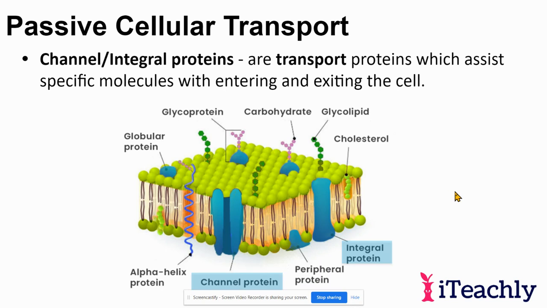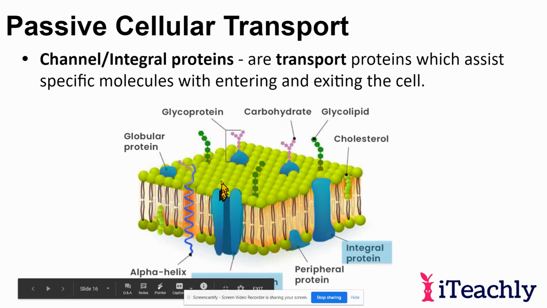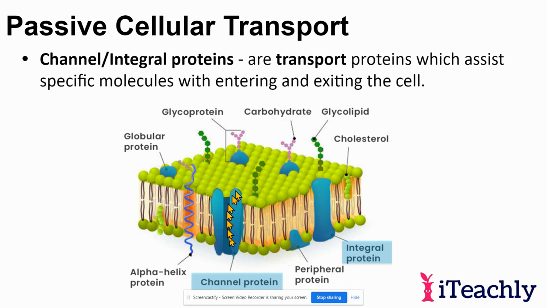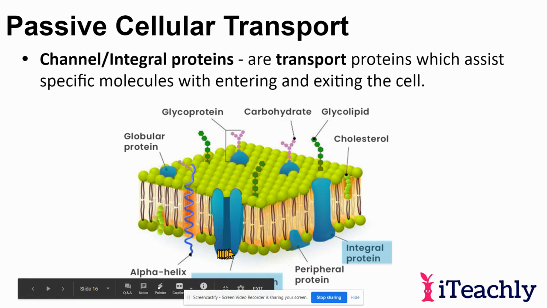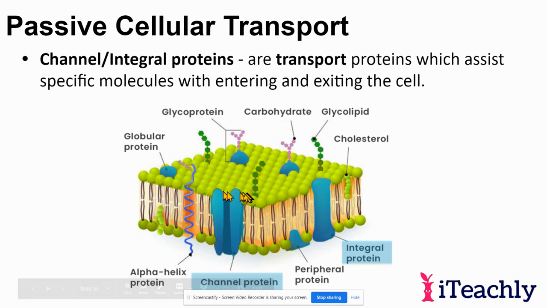Okay, so these are channel or integral proteins. They do span the length of the membrane. They generally stick out the top and they stick out the bottom, and the parts that stick out the top and the bottom are generally polar. The parts that are in here fold, and these would be the nonpolar parts.